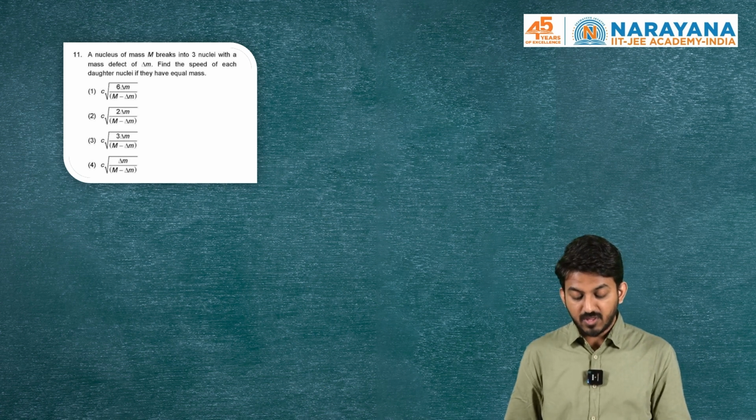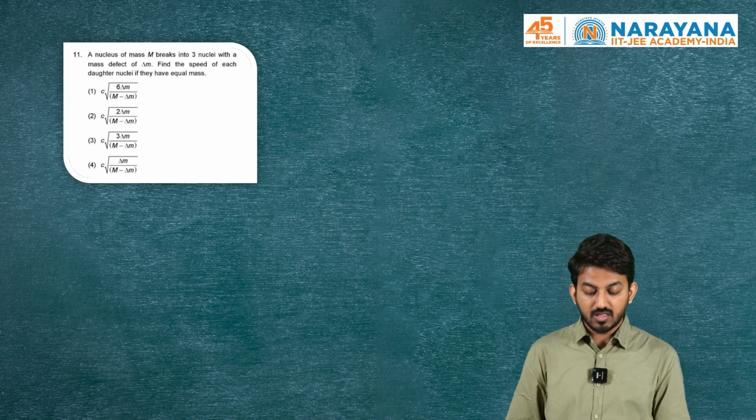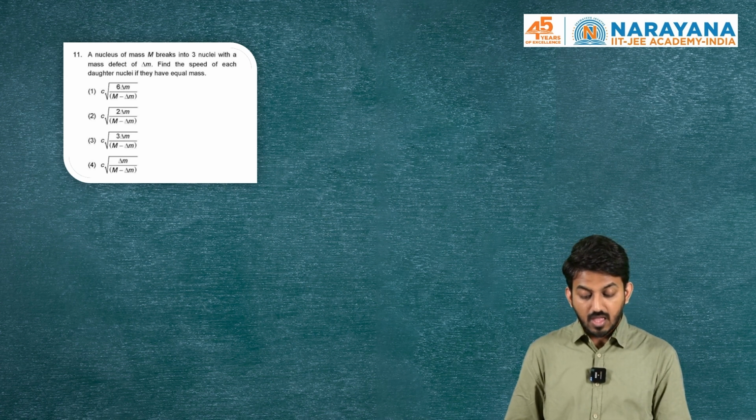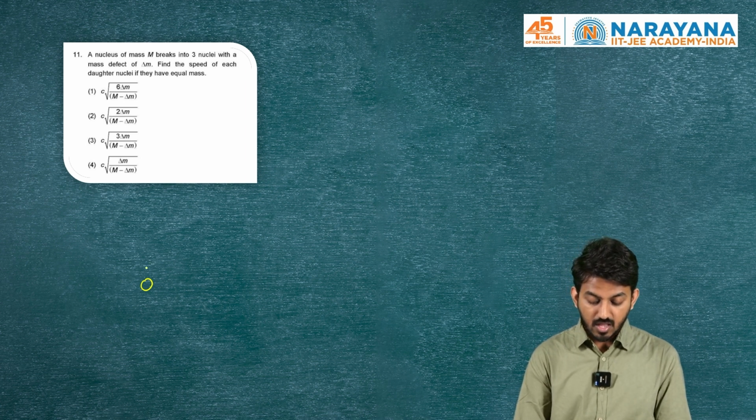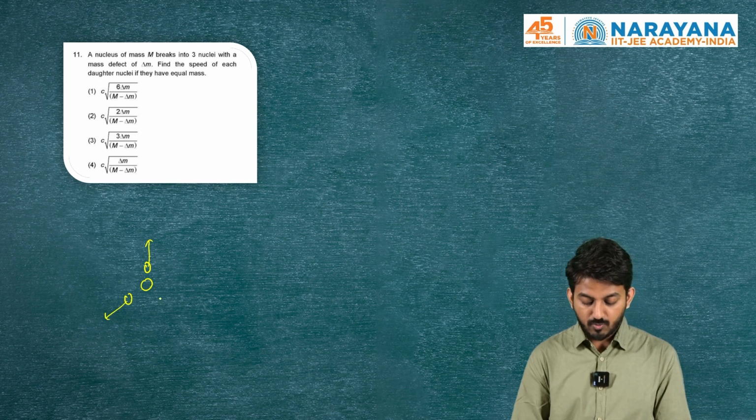So a nucleus of mass m is breaking into 3 nuclei with mass defect equal to delta m, and the daughter nuclei all have the same mass. Assuming the parent nucleus to be at rest, the three parts going away have equal mass, so momentum needs to be conserved.